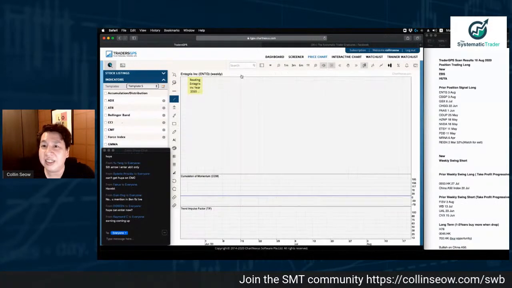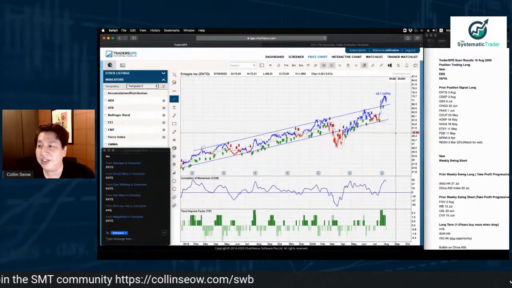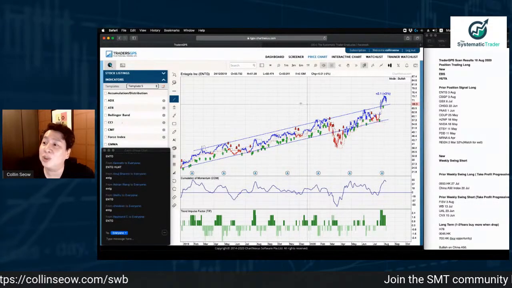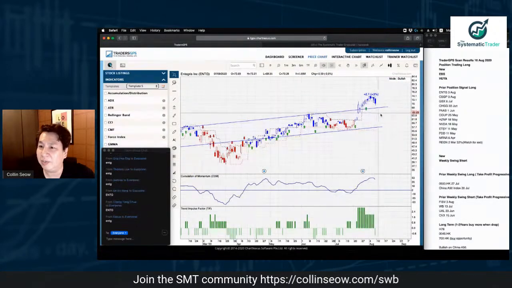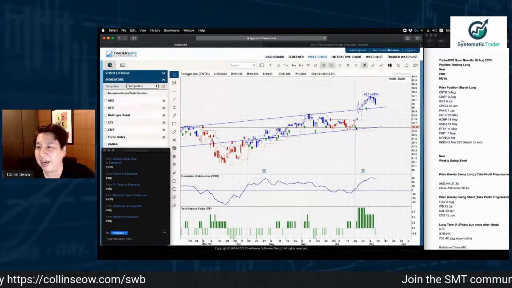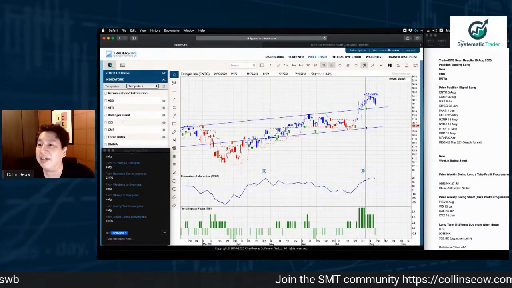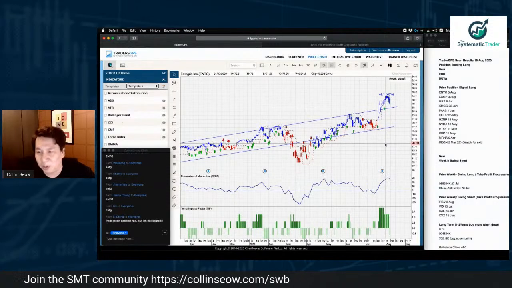Who has ENTG? Type in ENTG. ENTG is last week's stock. It also came back down, but this is like arrow number 1. I think by now you all know that emotional roller coaster.